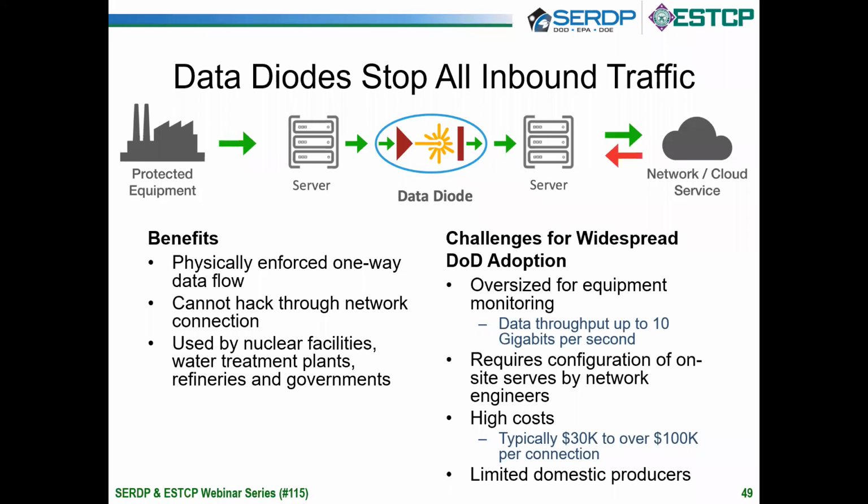And high cost is really the next big hurdle, is that it's very frequent that a data diode will cost over $100,000 per device. And though it's very important to protect our buildings, $100,000 times hundreds of thousands of buildings really does add up. And these devices can easily be over $250,000 each. So they're expensive, they're oversized.